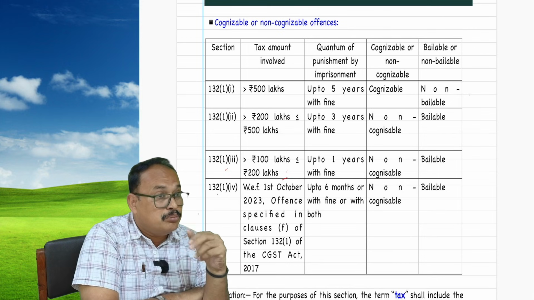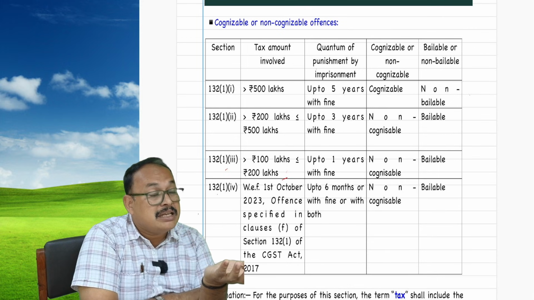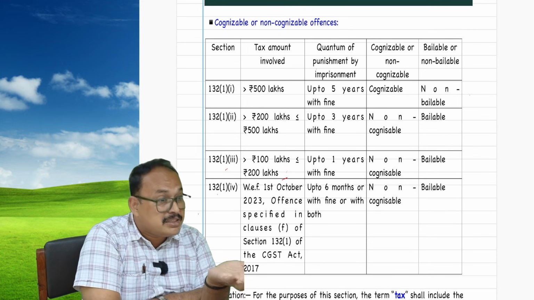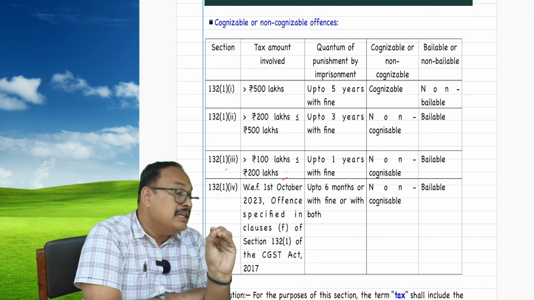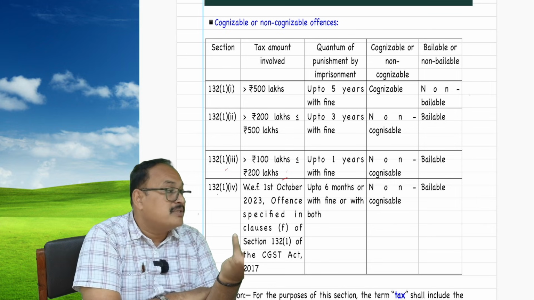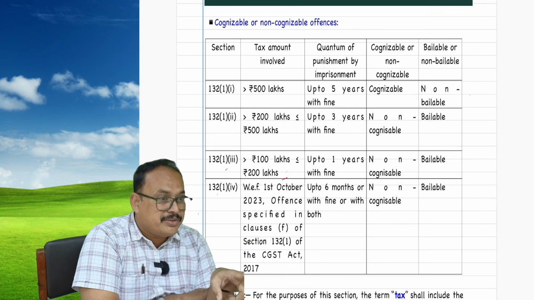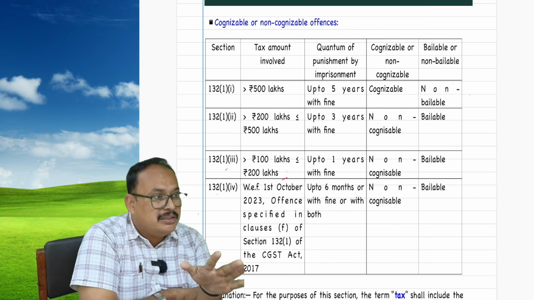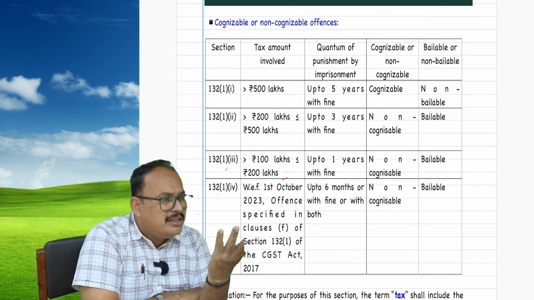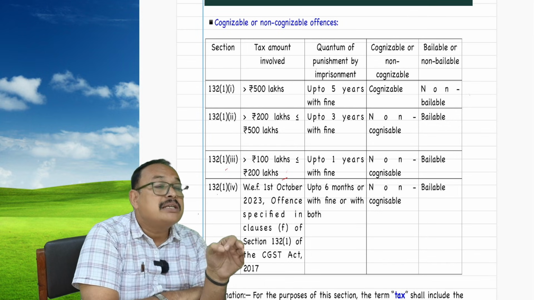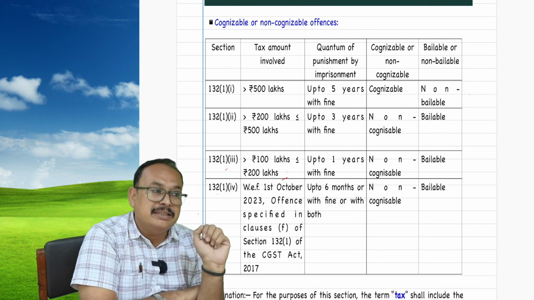If it is a class A, class B, class C, class D offence of section 131, with more than 5 crores of tax evasion, even the arrested person cannot ask for bail; it is a cognizable offence. Whatever the offence proved, for tax evasion more than 5 crores, the maximum imprisonment is 5 years.